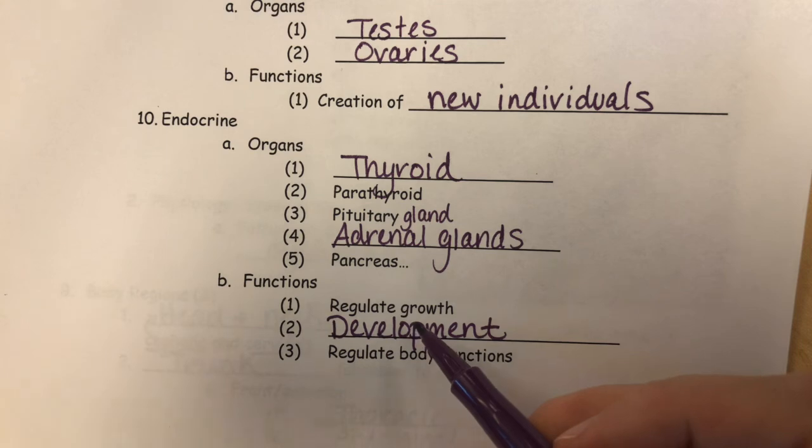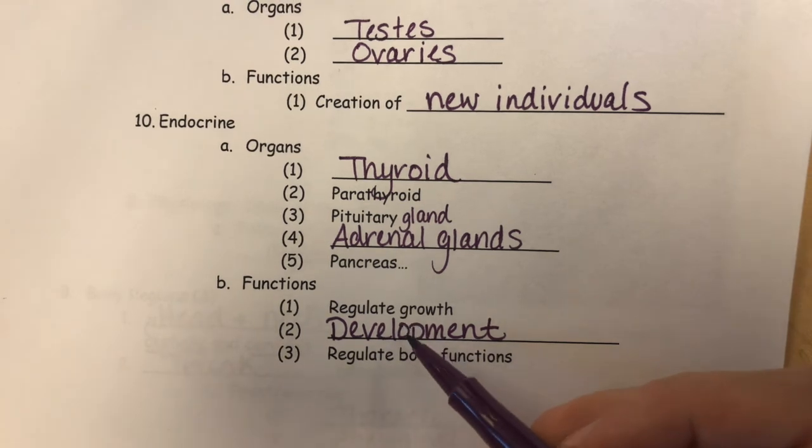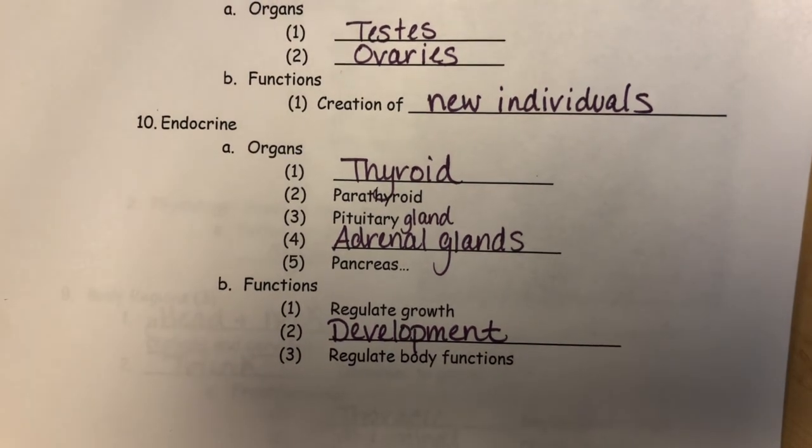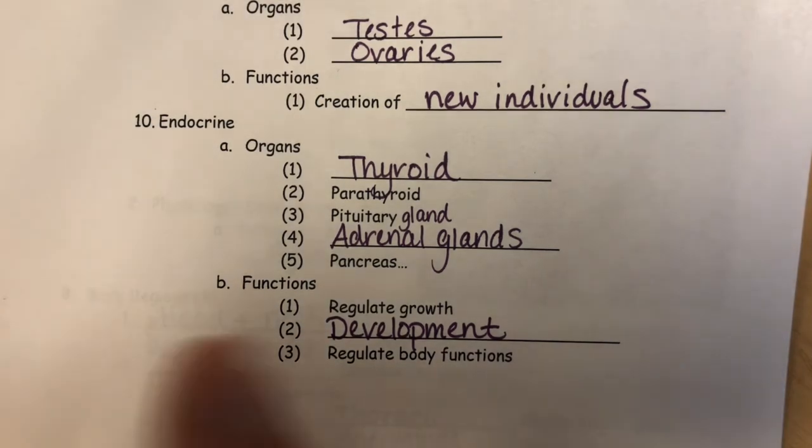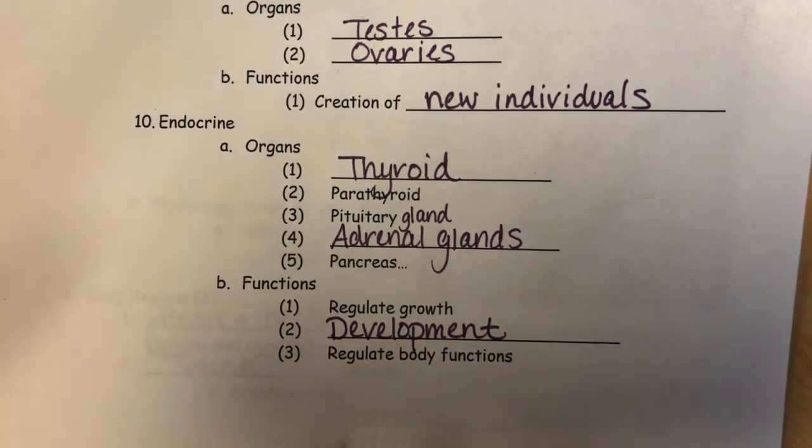So it helps to regulate our internal body. And so that just gives you an overview of how we build a human, cell to tissues to organ systems, and just gives you a general idea of the various body systems, of which we'll go into more depth as we go through the course.